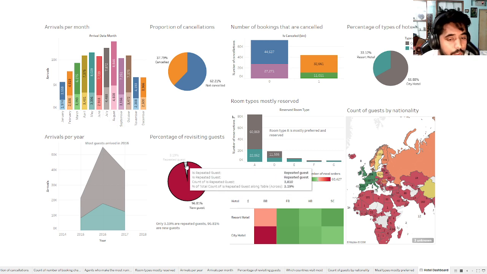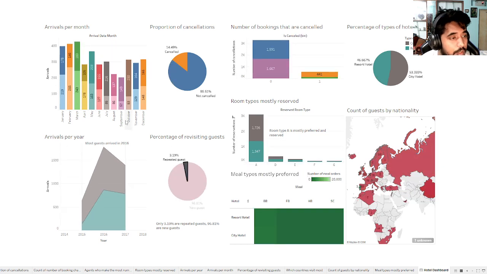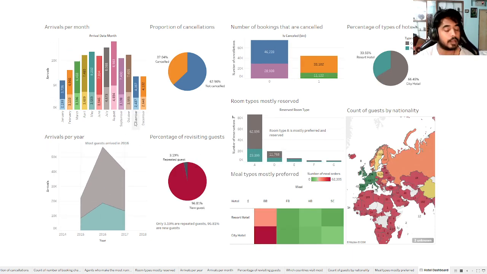But if you click on the repeated guest section, the bar changes and shows the repeated guests. We can see the repeated guests mostly arrive in other parts of the year, like January, February, November, December. From this we can understand that new guests arrive mostly in the half year of April to September, and in the other half year the repeated guests mostly arrive.